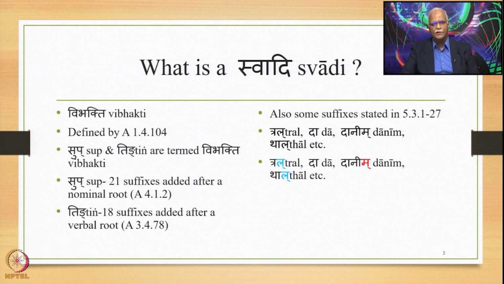They are, for example, tral, da, danim, thal, etc. These tral, da, danim and thal, they are also termed as vibhakti. Here, la, ma and la, they are marked in different colors only to indicate that they are the markers.